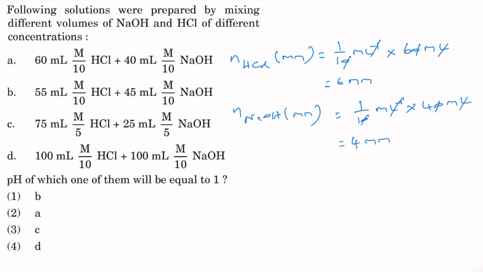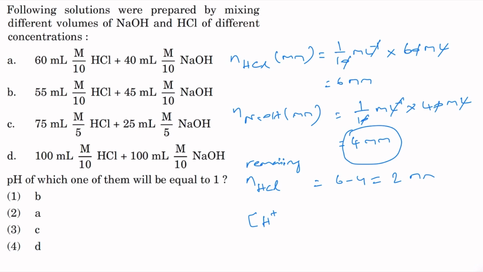Now we know that NaOH is a strong base and HCl is a strong acid. This means that 4 millimoles of NaOH will neutralize 4 millimoles of HCl. Therefore, what would remain in terms of millimoles for HCl? The remaining would be 6 minus 4, therefore 2 millimoles. Now if we want to talk in terms of concentration, then we have to divide by volume.